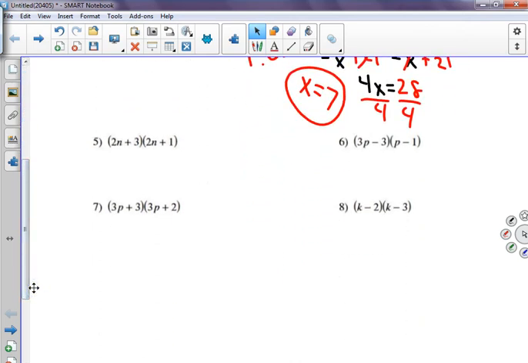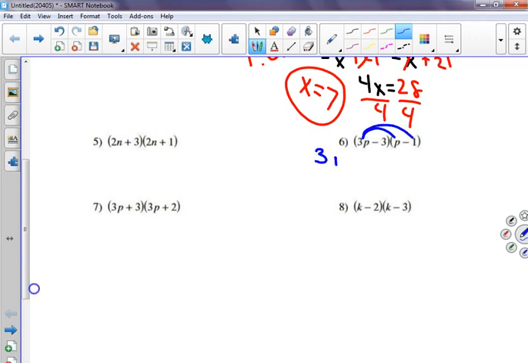Let's see, here I will do number 6. I'll do this one a couple different ways. First, we'll just distribute with the arrows, and then we'll get 3p squared minus 3p minus 3p plus 3.